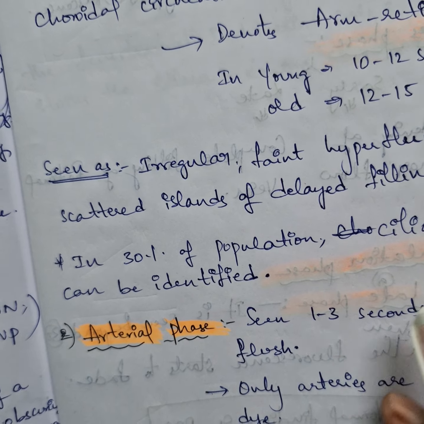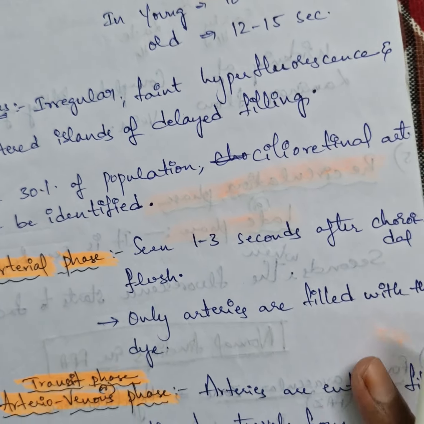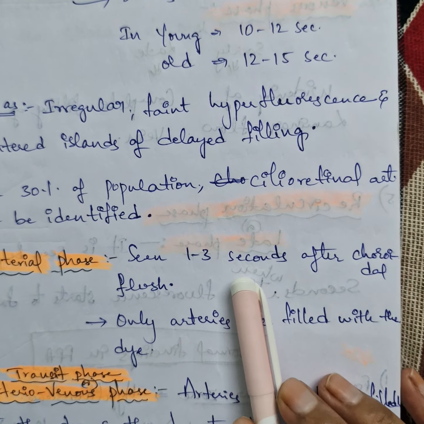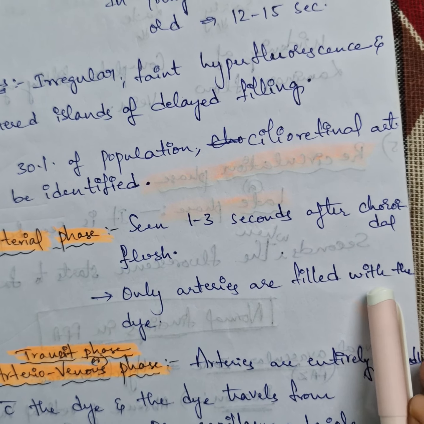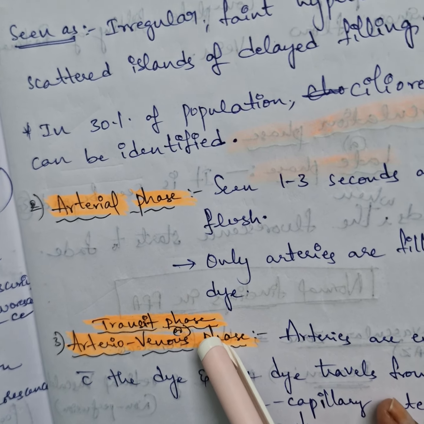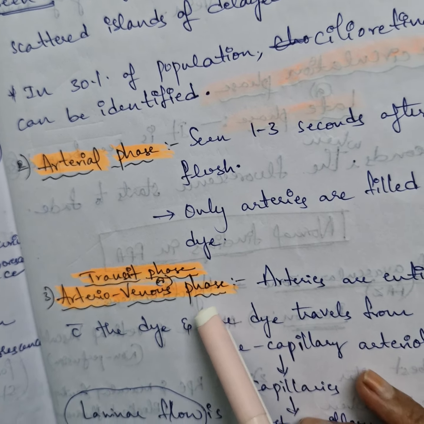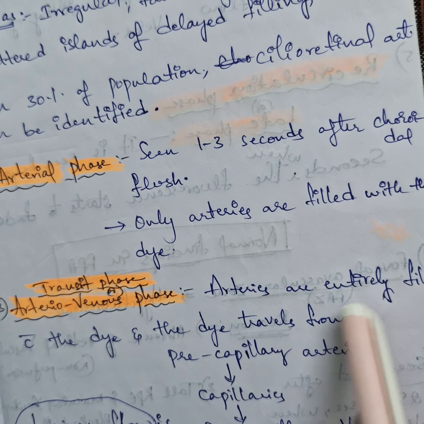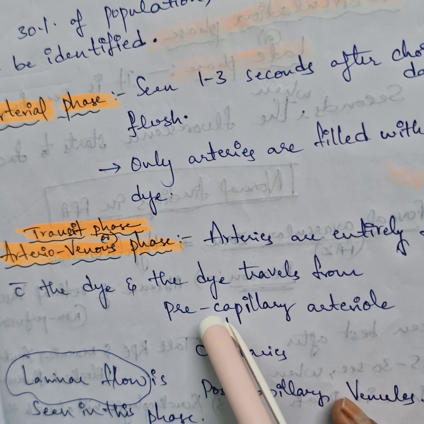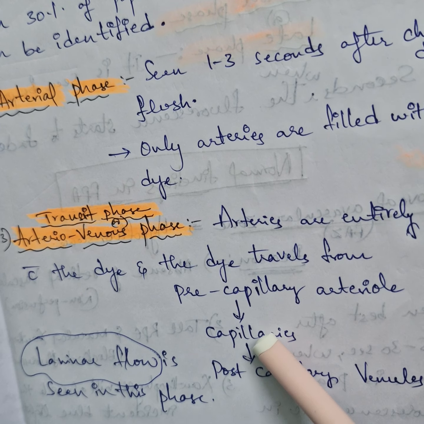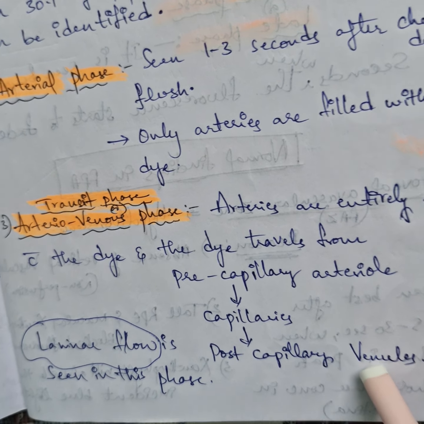Coming to the second phase, which is called the arterial phase, it is seen 1 to 3 seconds after choroidal flush. In this only the arteries are filled with the dye. The third phase is called the transit phase or AV phase, in which arteries are entirely filled with the dye, and the dye will travel slowly towards the veins, that is through precapillary arterioles, then to capillaries, and then to postcapillary venules.